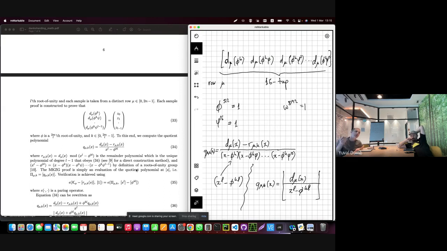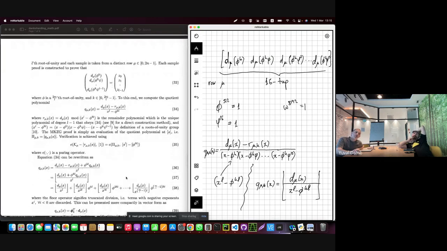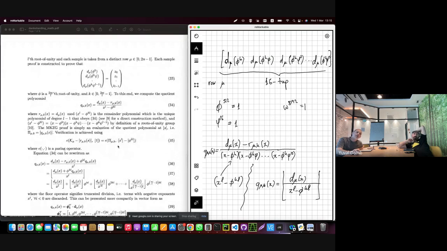Also, when you calculate the quotient, you calculate it directly. You don't need to calculate the remainder polynomial and subtract it; you calculate the quotient and then just stop when you get to the end. Equation 35, which I'm not going to go over, basically says that Q of x is what I, as the prover, want to give as the proof.